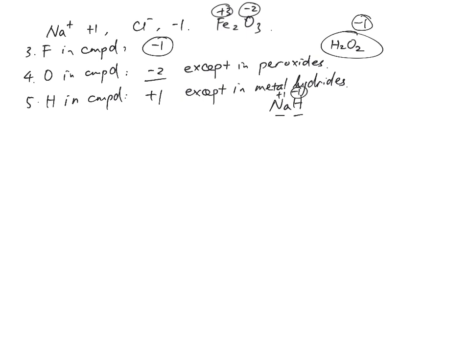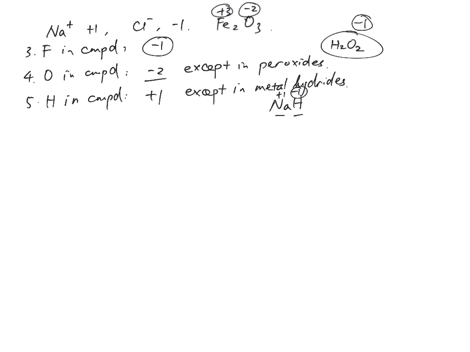So in metal hydrides, when hydrogen acts as a nonmetal, that makes the hydrogen the hydride ion. And then the monoatomic ion rule kicks in, and that gives the hydrogen a -1 charge.